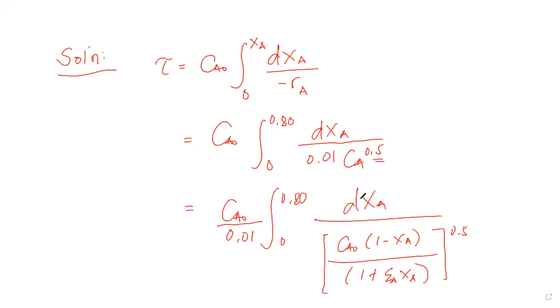And we can cancel the CAO, leaving the CAO with 0.5 because we only took out 0.5, and this one will go up and this one remains here. So our expression now would be CAO raised to 0.5 over 0.01.